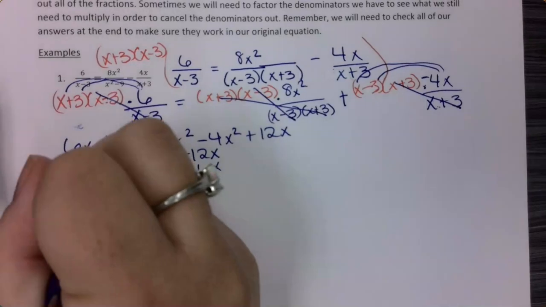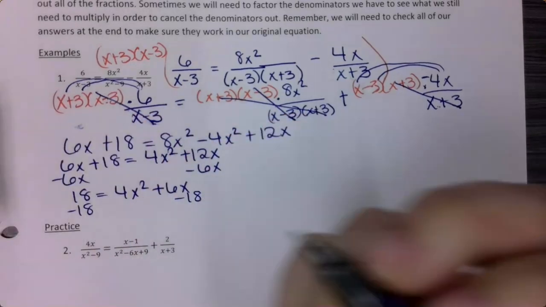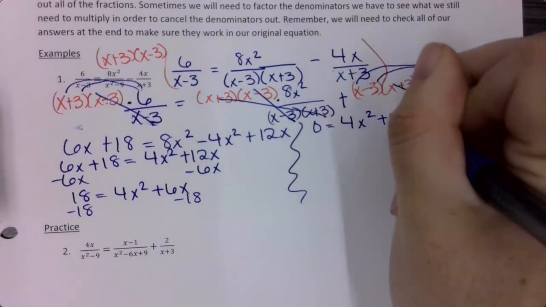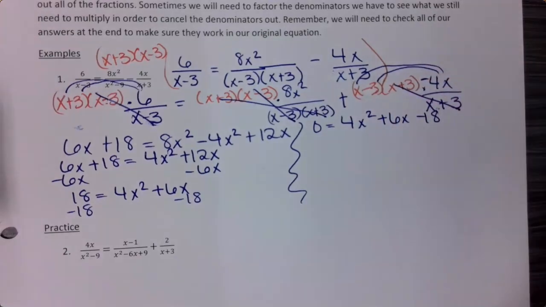Then I want to go ahead and subtract 18 on both sides. So notice everything is even.